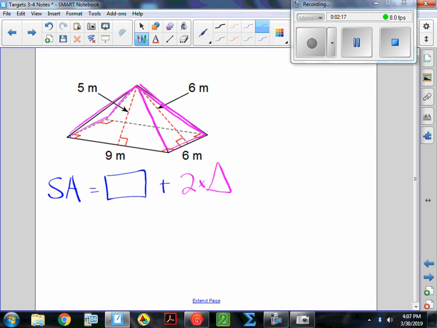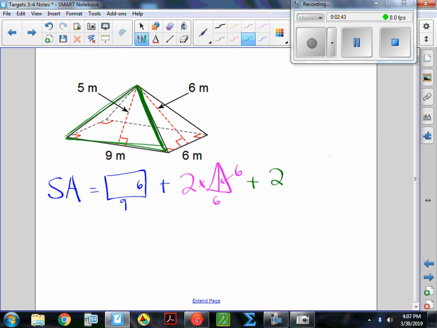The base of those triangles is 6. The height of those triangles, which is the slant height on that side, is also 6. Should have done my measurements for my rectangle. This was 9 by 6. And then I also have 2 wider triangles in the front and the back. Just going to highlight the one in the front.